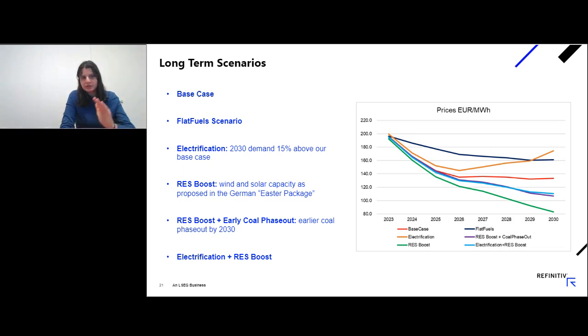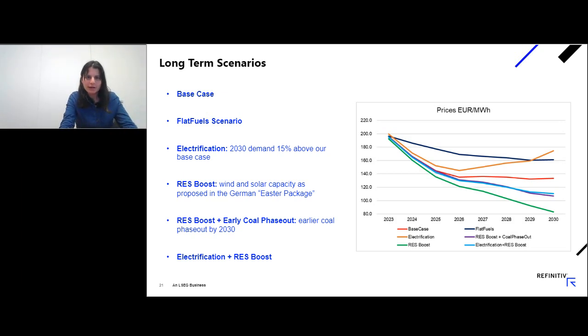So we consider these two as the extreme scenarios and have chosen to also combine the elements to do a renewable boost plus early coal phase out scenario, which you see here in blue, and in purple, we've also combined the increasing electrification with a renewable energy boost.